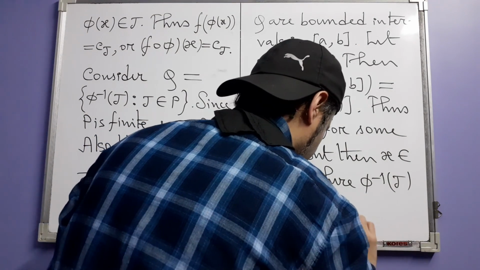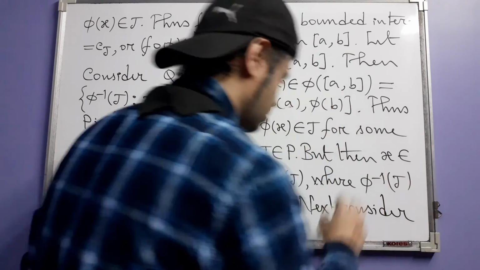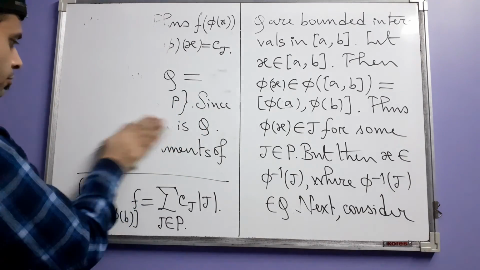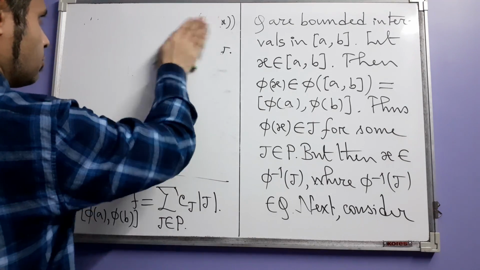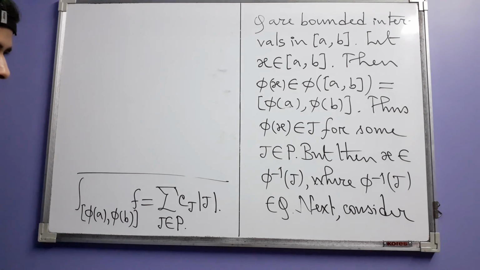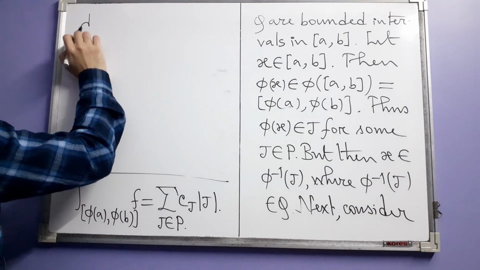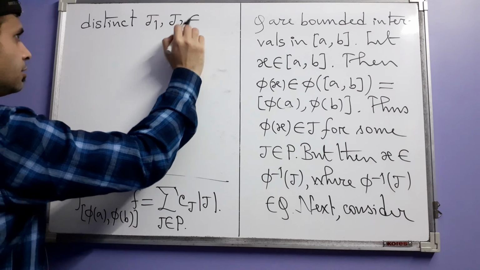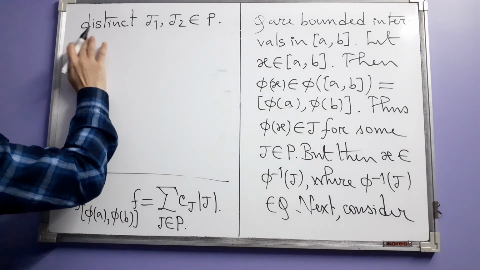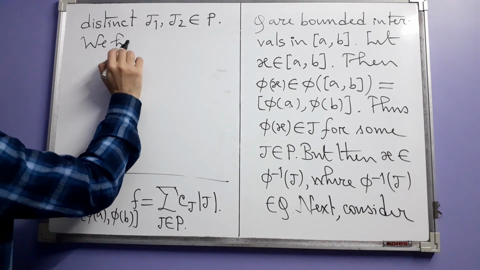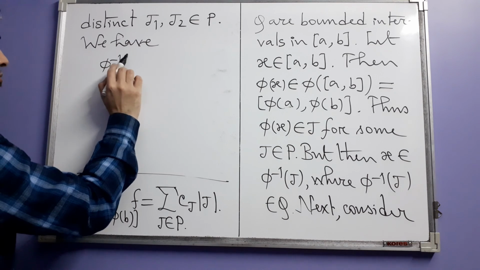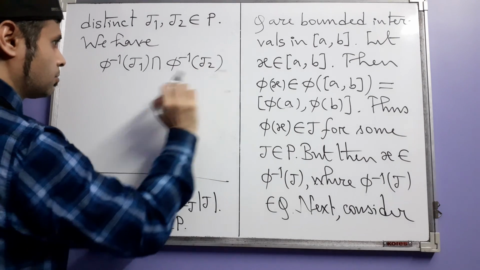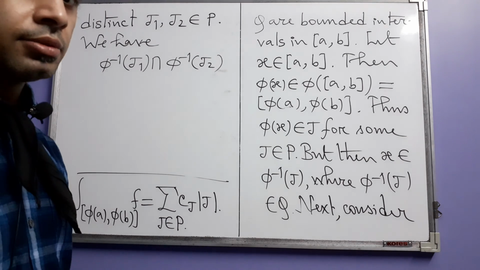Next, consider distinct J1 and J2 in P. So our aim is to show that this intersection is empty, because this will then be two distinct elements in Q and we want them to be disjoint.